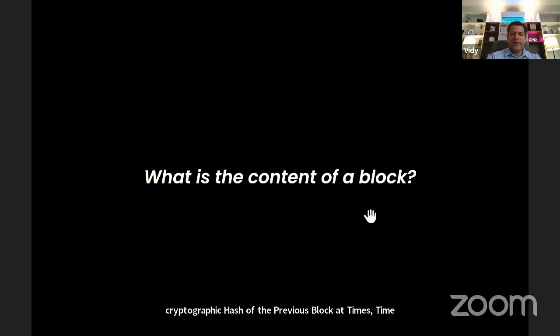Yeah, this is a very clear explanation. Then each block contains a cryptographic hash of a previous block, a timestamp, and transaction data. Again, yeah, a similar answer.